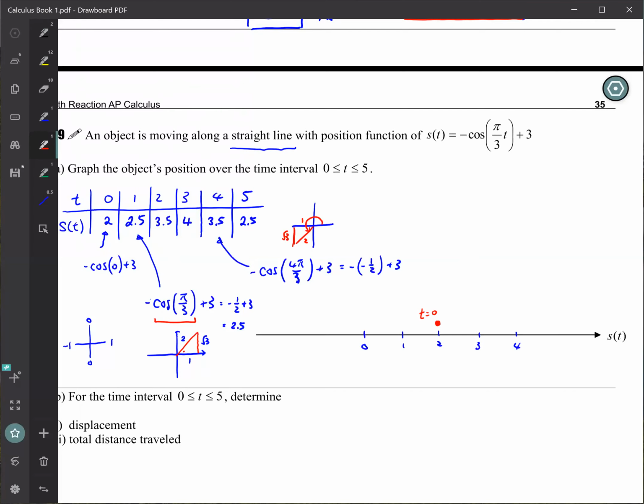If you finish the graph, please raise your hand. Okay, and this shouldn't take too much time.